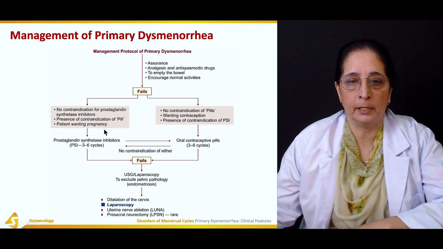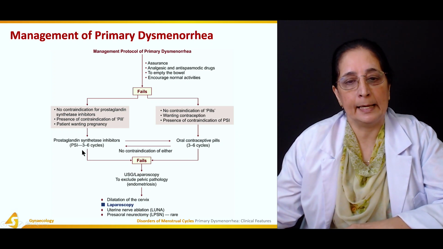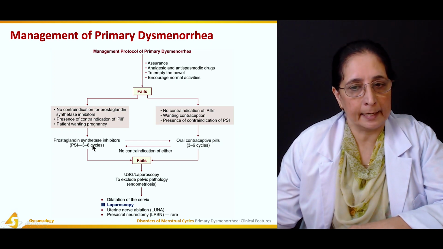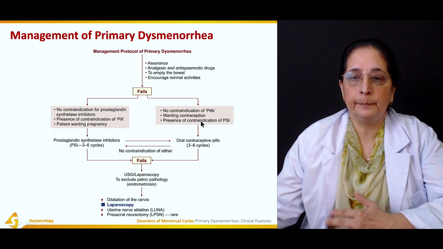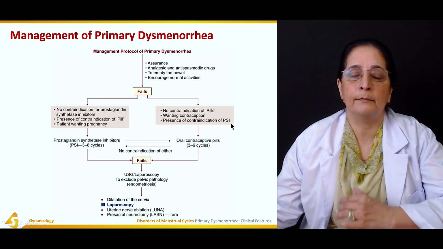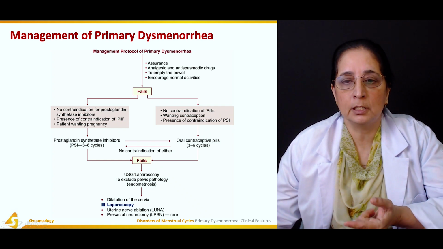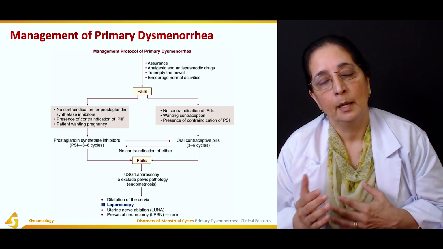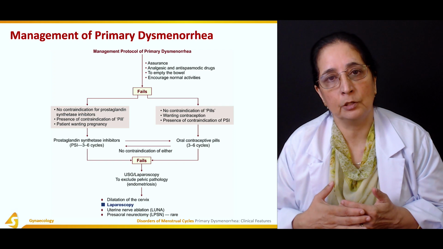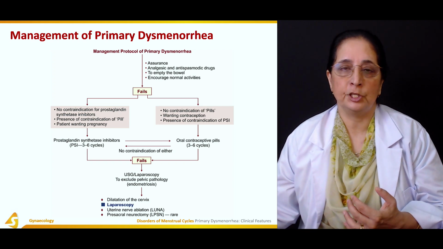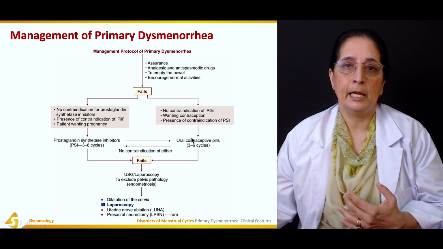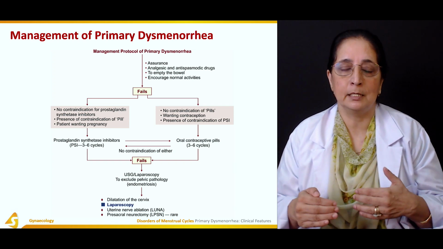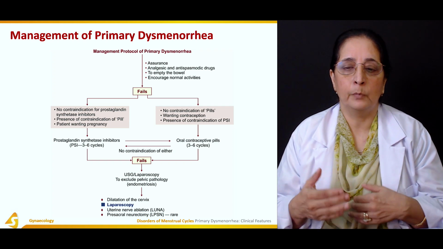In this condition, we use prostaglandin synthetase inhibitors for 3 to 6 cycles. The other patients have contraindications for prostaglandin synthetase inhibitors but no contraindication for pills. In these patients, we use pills. And in patients who have no contraindications for both drugs, we can try both of them.